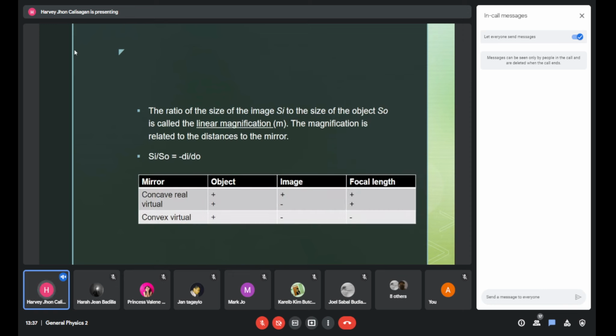So the ratio of the size of the image, SI, and the size of the object, SO, is called the linear magnification. The magnification is related to the distances of the mirror. Remember the word magnify? If you talk about magnifying, it means that you are resizing the shape or the size or the structure of the object.